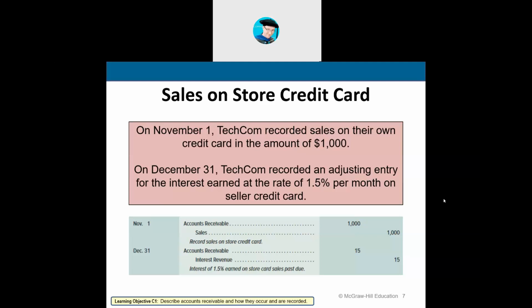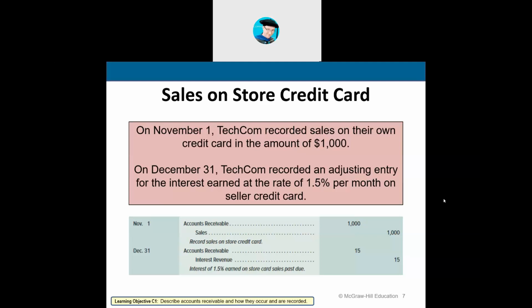In other words, the company is charging our customer 1.5% every month on store cards that are past due. So we debit accounts receivable $15 to increase that account receivable another $15, and we credit interest revenue $15.